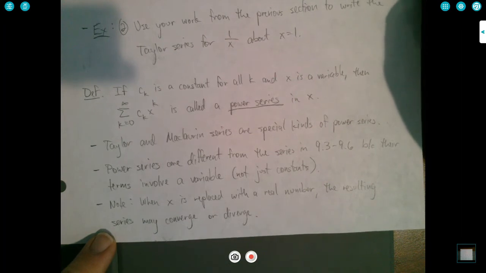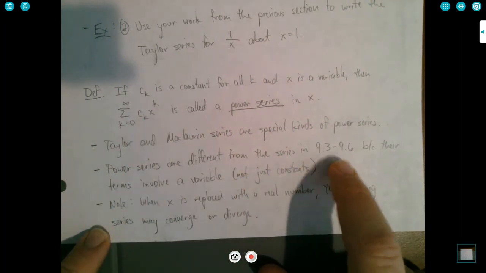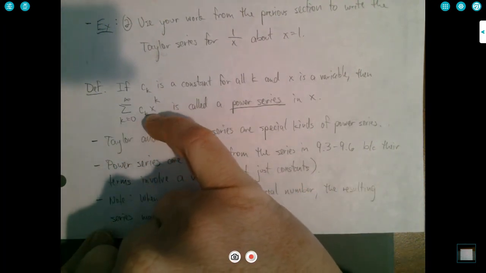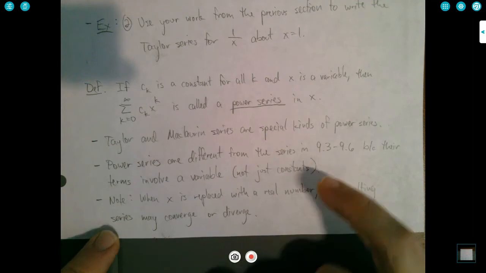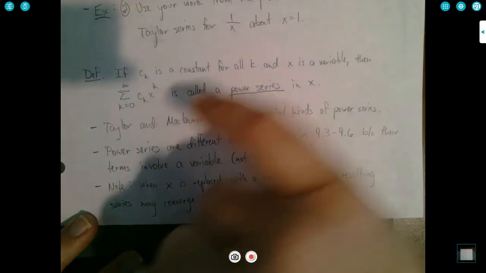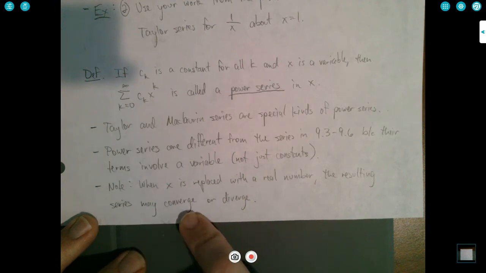What's different about power series from the series that we talked about in sections 9.3 to 9.6 is the presence of a variable, right? The series we looked at in 9.3 to 9.6 were just series of real numbers. But now we've got a variable thrown into the mix. And so when you replace that variable with a real number, the resulting series may converge or diverge.